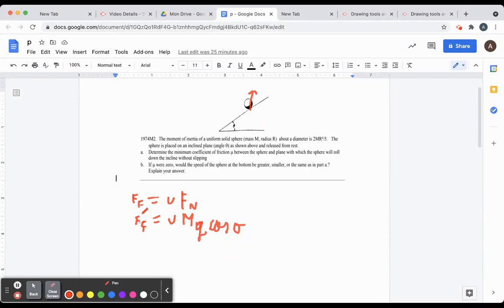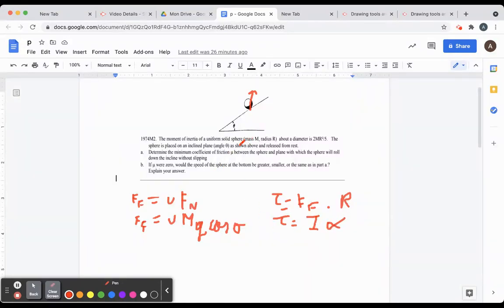So in order to find force of friction, we can use the formula torque equals force of friction times R, capital R. And we know that torque equals moment of inertia times alpha.